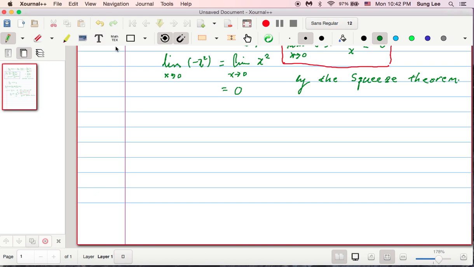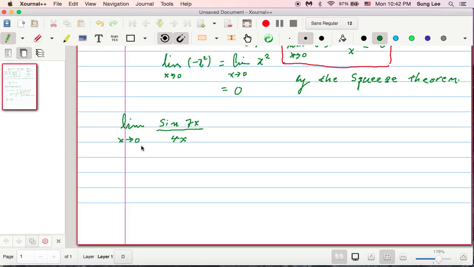Okay, so here we want to calculate the limit of sine of 7x over 4x as x approaches 0, right?